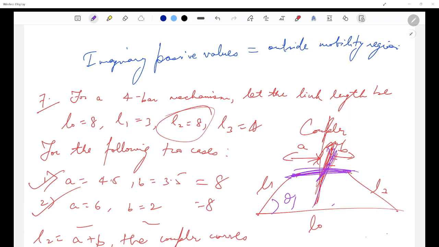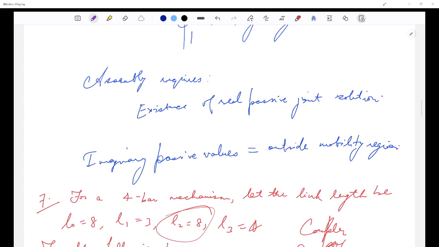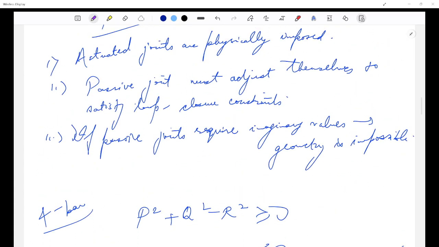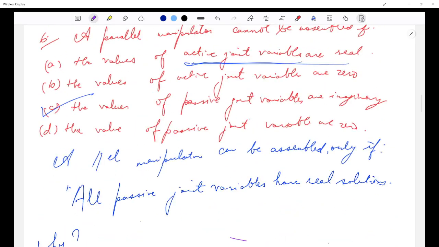The curves coincide only when the coupler orientation is such that both internal divisions produce the same Cartesian location, and this can happen at 4 distinct configurations. So the final answer here is 4. I think there were no options for this.